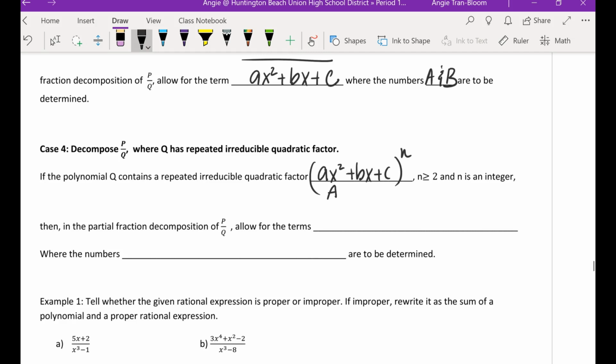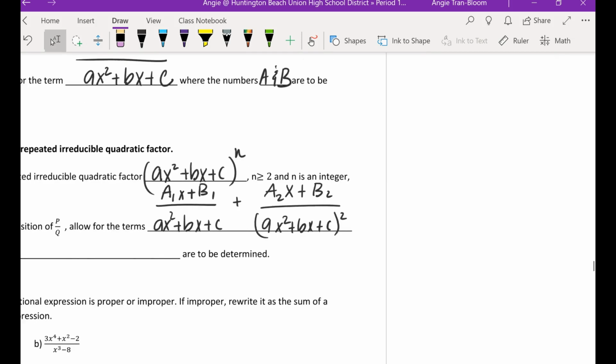We are going to start with A subscript 1 x plus B subscript 1 all over your very first quadratic, which is ax squared plus bx plus c. Then I'm going to have A subscript 2 x plus B subscript 2 all over (ax squared plus bx plus c) to the second power. And I can have a lot of terms. We don't know how many terms, depending on how many you can break down.